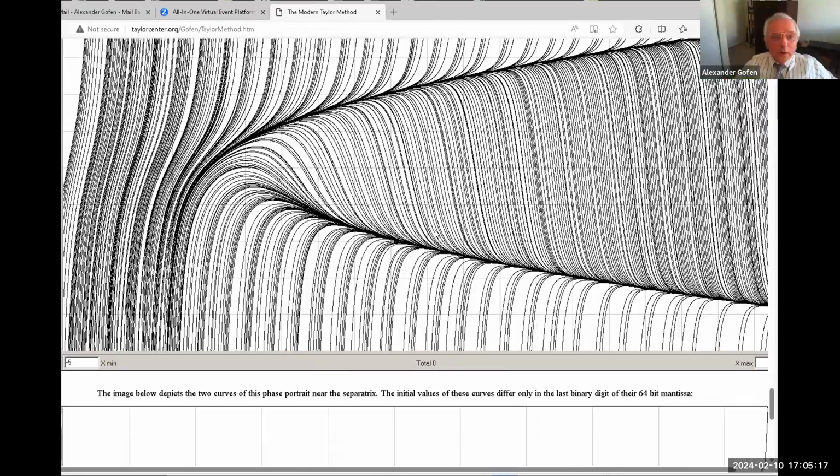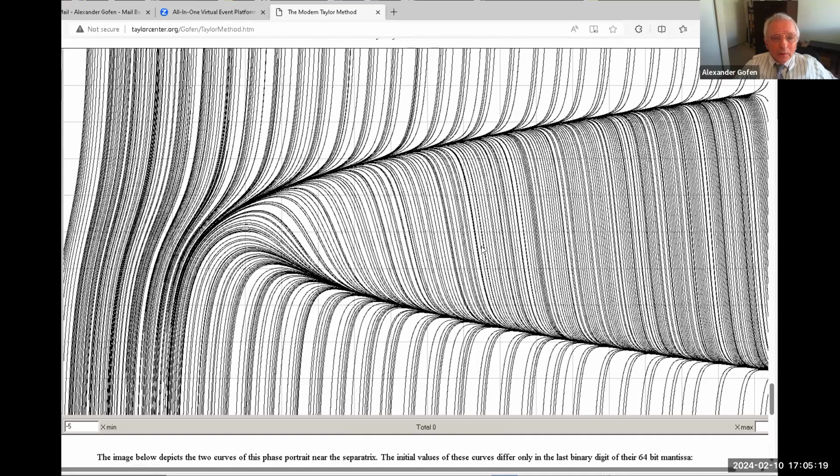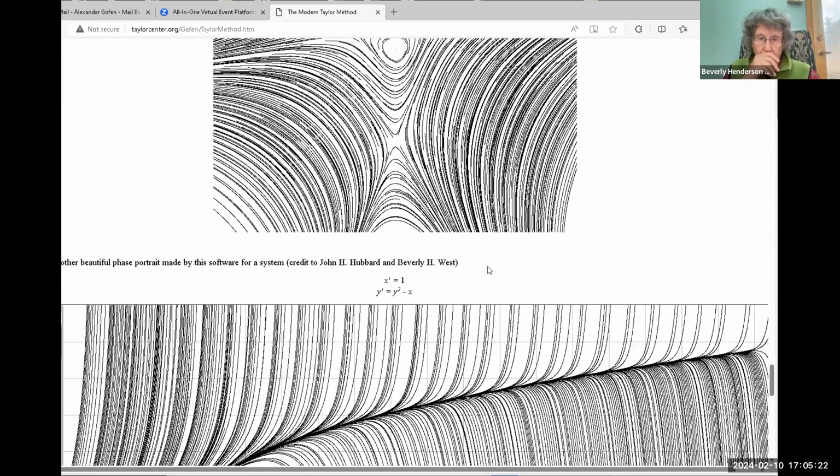Here is one more phase portrait of a very interesting equation, which was provided by Hubbard and Beverly West.